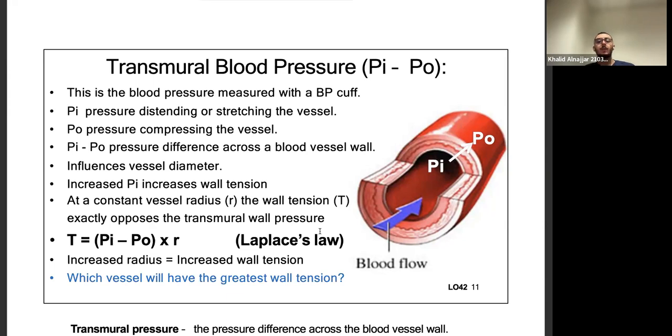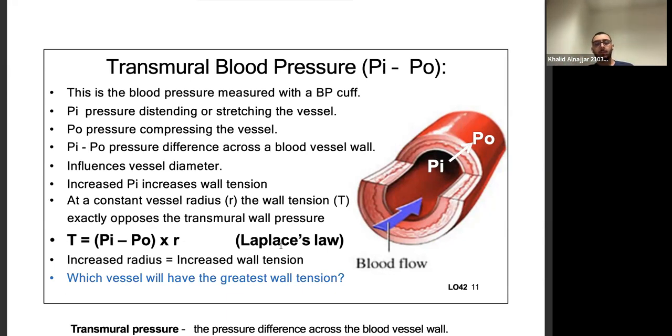What does that mean? If the radius is constant, it's a hypothetical situation. If you have a tube and the radius of this tube will never change, then the tension pushing against the walls will be opposite to the transmural pressure, which is the difference between the inside and the outside. Does it make sense?